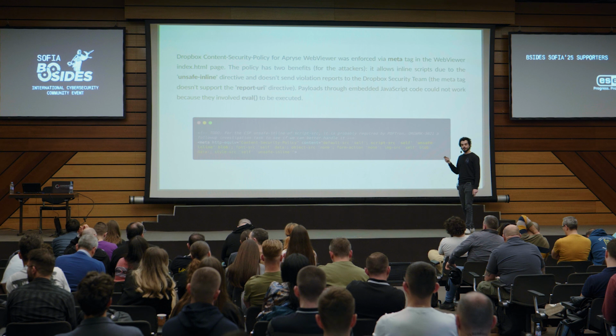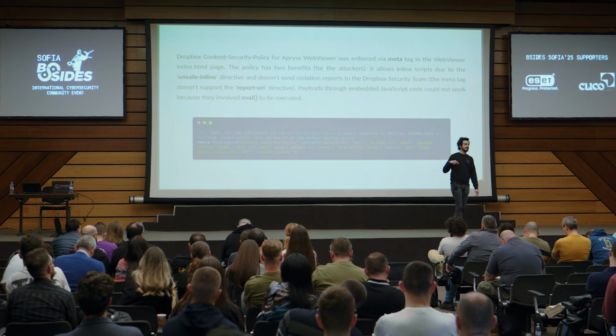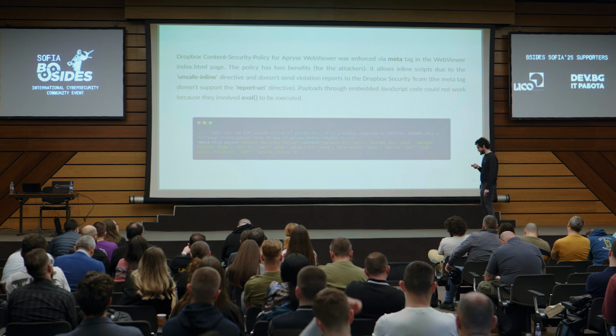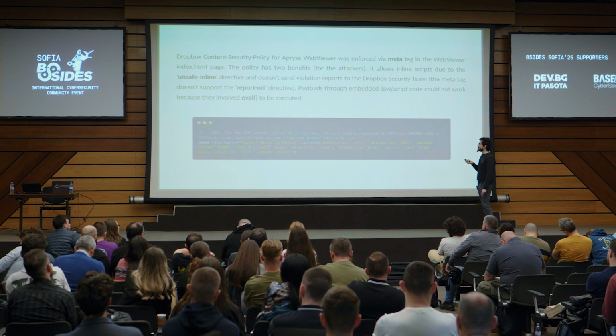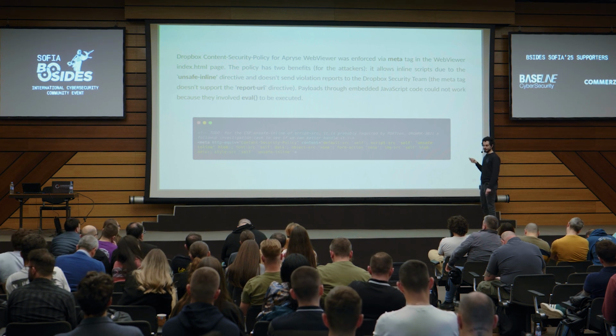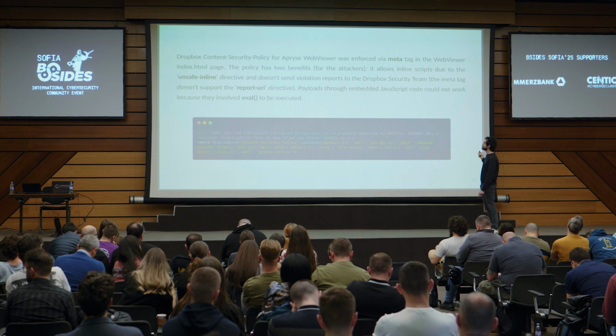So this means that the Dropbox security team didn't have visibility on my attempt. They could not see that I was trying to bypass their security policy. And this is the main concern when you implement a content security policy in a meta tag. It's better to have it in the header for this reason, because you can track the errors.